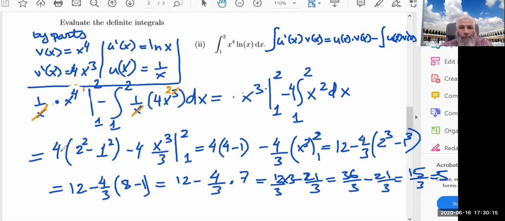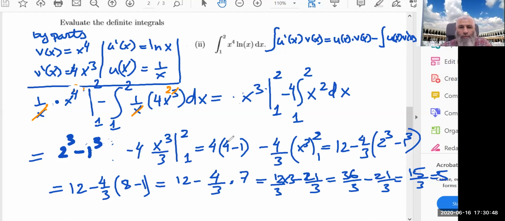And now this part is not right. This part will be x power 3, which is 2 power 3 minus 1 power 3, minus 4 x power 3 over 3.